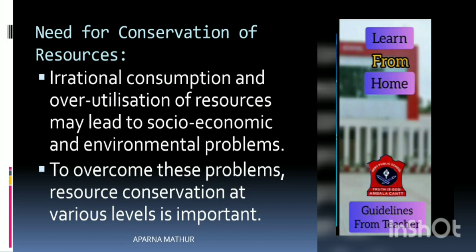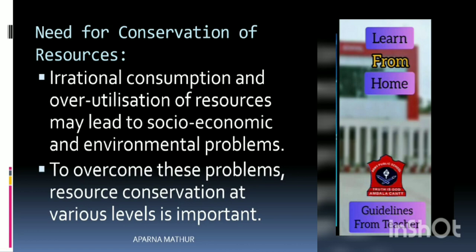There is an urgent need for the conservation of resources because unethical and irrational use and overuse of resources is leading to a number of social, economic and environmental problems. There is pollution of natural environment.